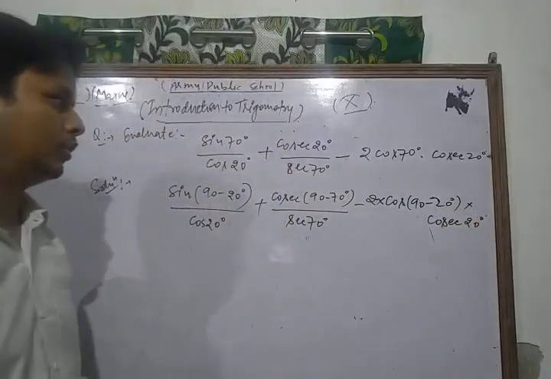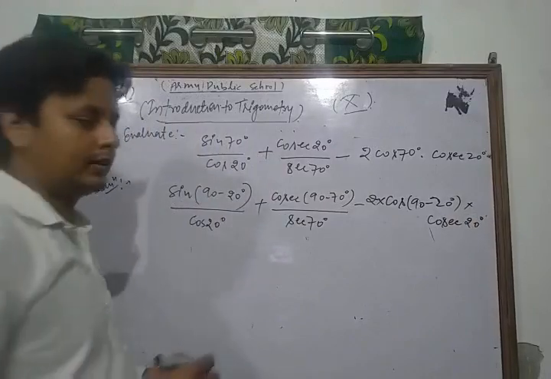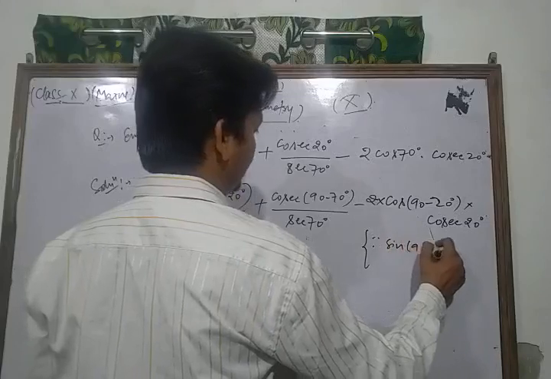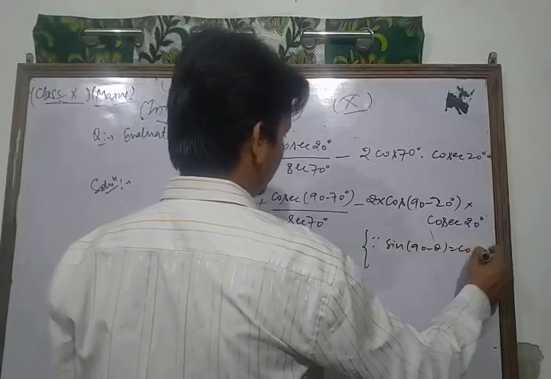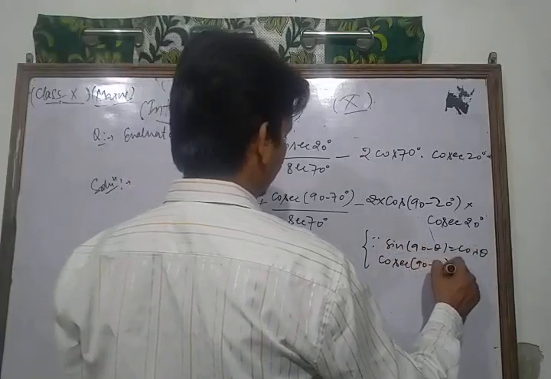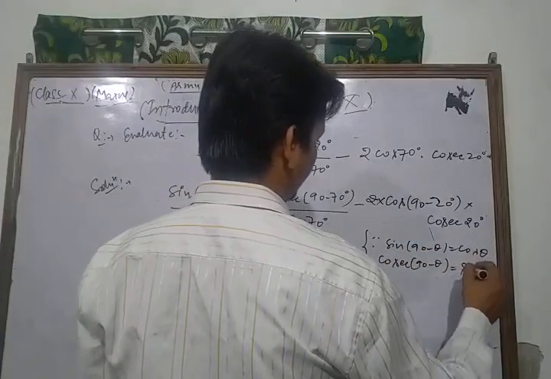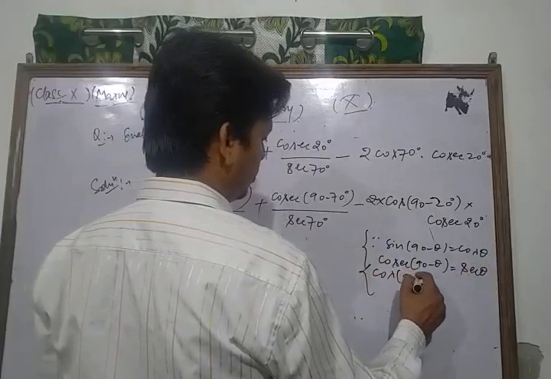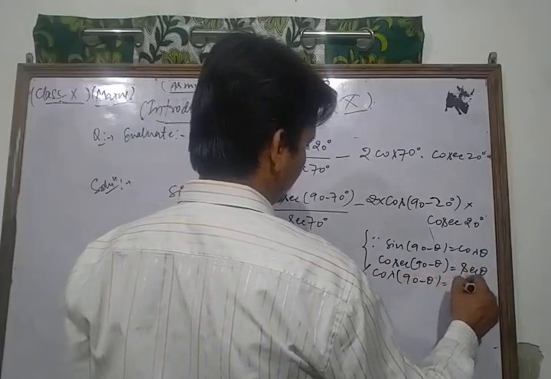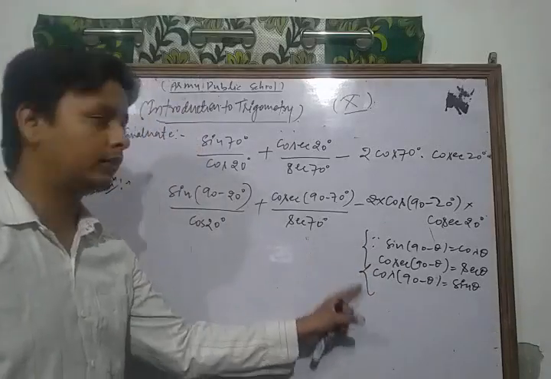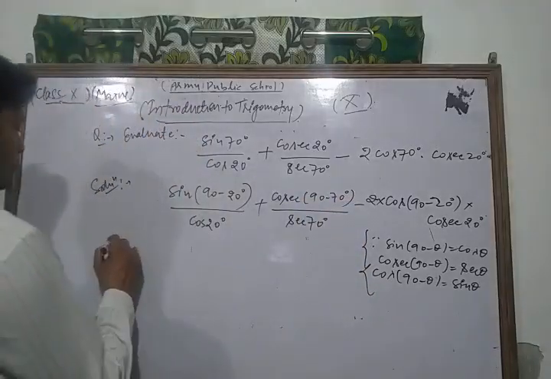Now since we know, dear friends, that sin (90 minus theta) is equal to cos theta, cosec (90 minus theta) is equal to sec theta, and cos (90 minus theta) is equal to sin theta. We know all those formulas, so here we apply them.